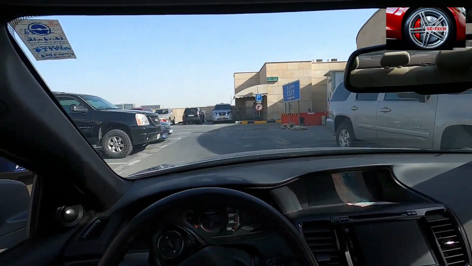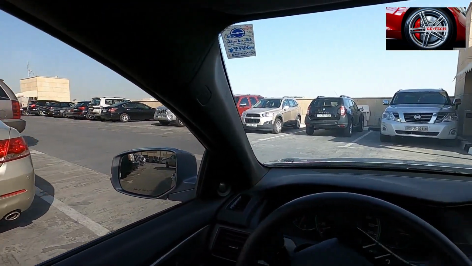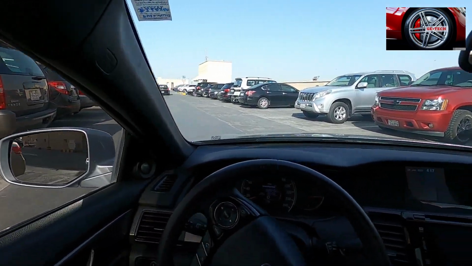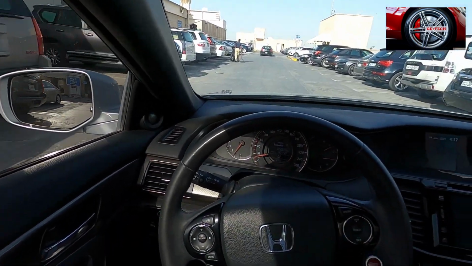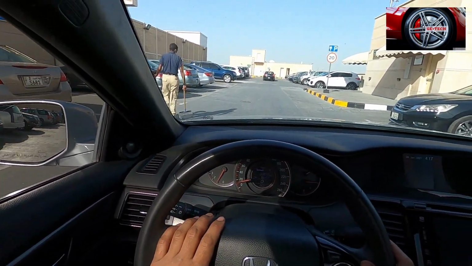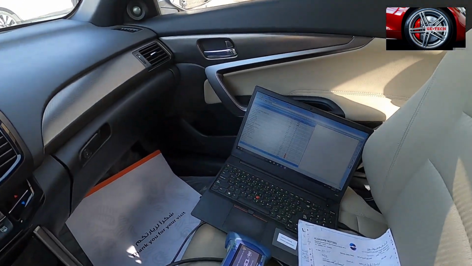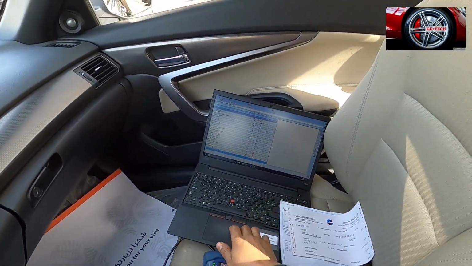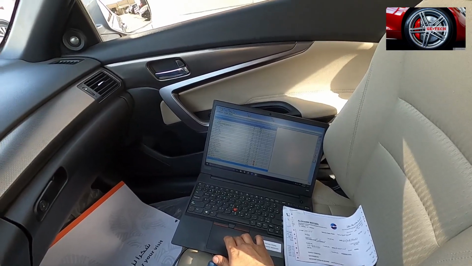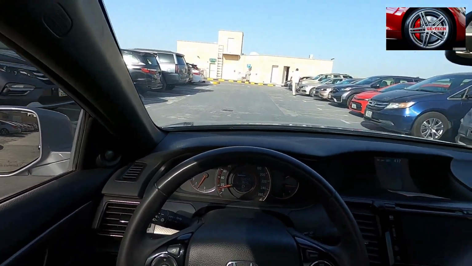But now we already drove the car for quite a long drive and there was no MIL blinking in the gauge, no DTC shown in the HDS. So it means we already fixed the problem of this car.